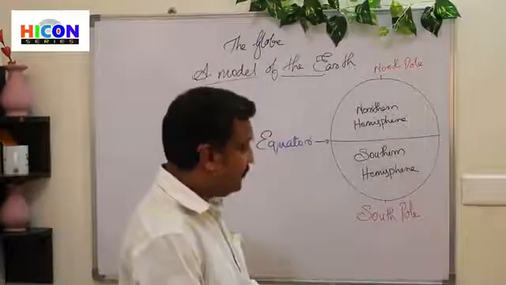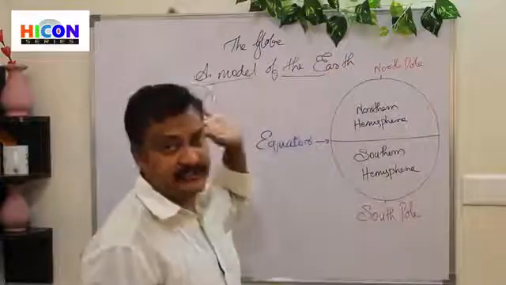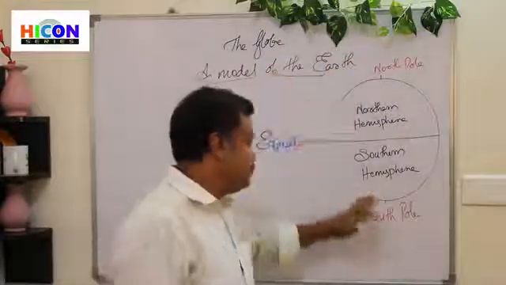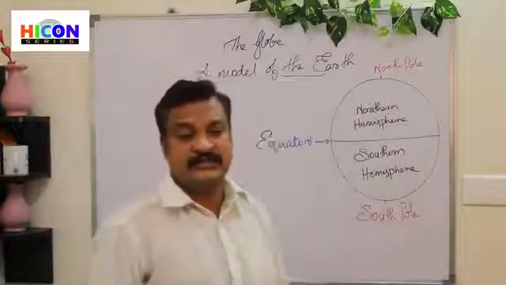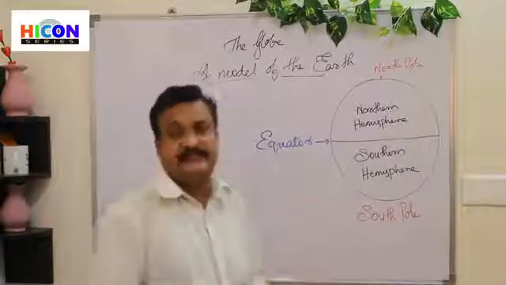So the part of Earth to the north of the equator is called the northern hemisphere. The part of the Earth to the south of the equator is called the southern hemisphere. Hemisphere means half of a sphere.